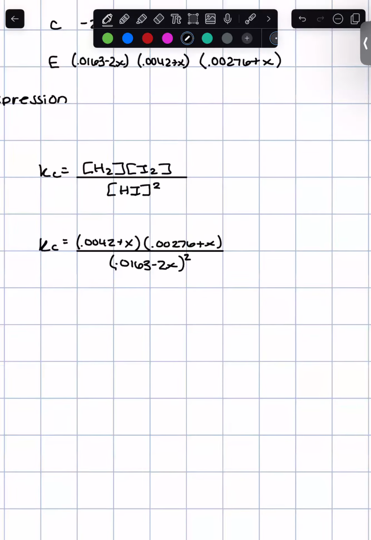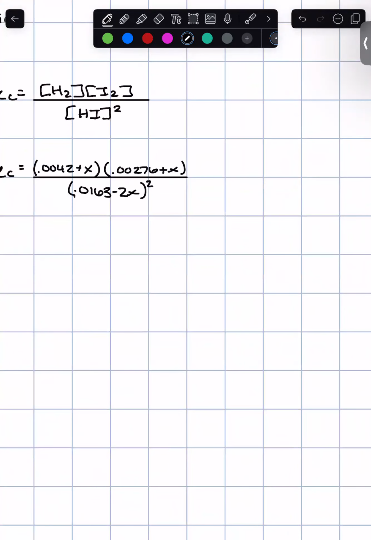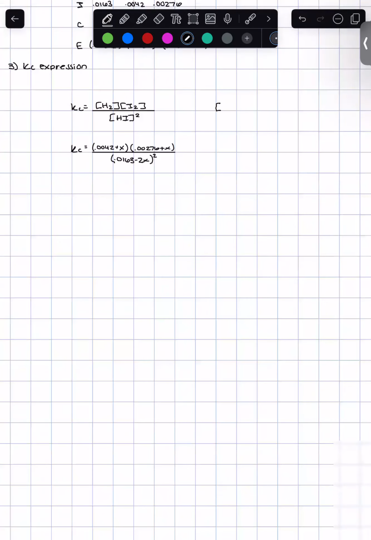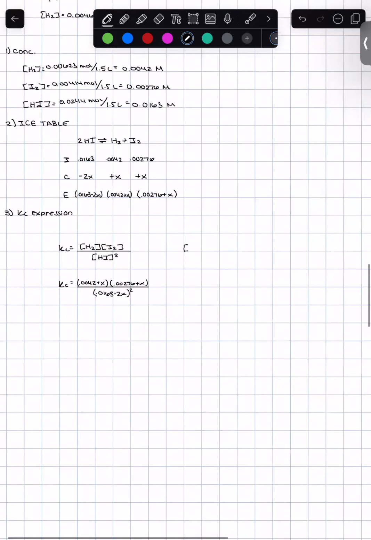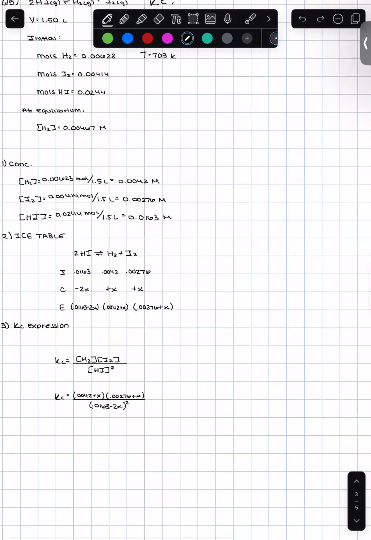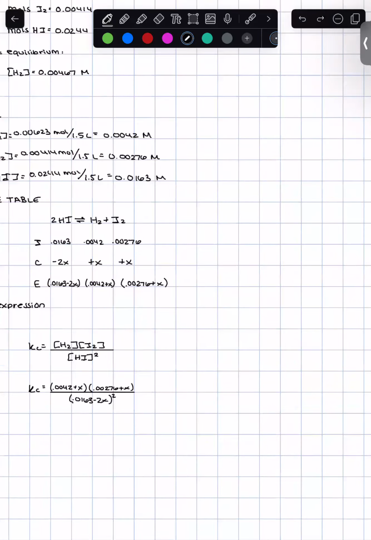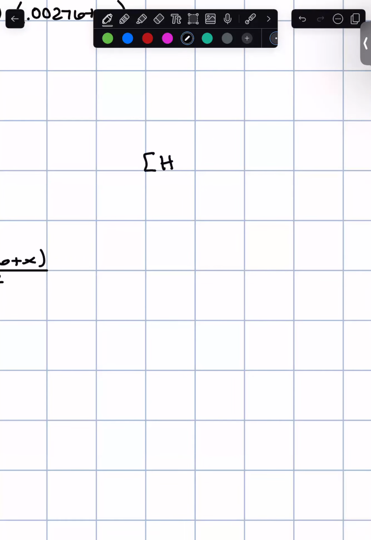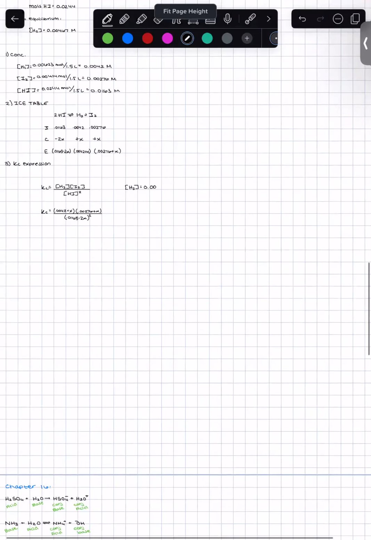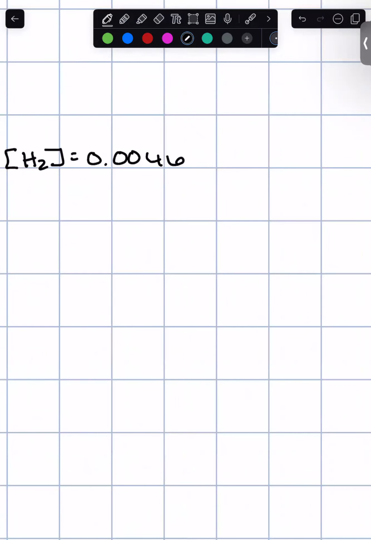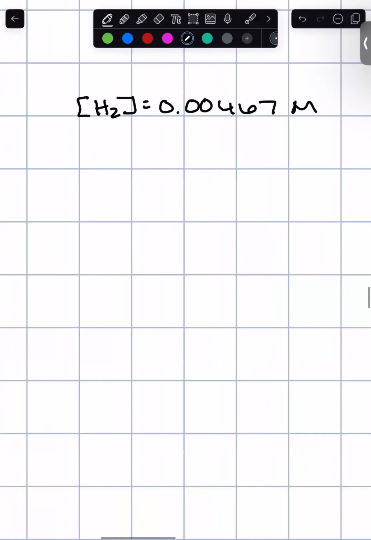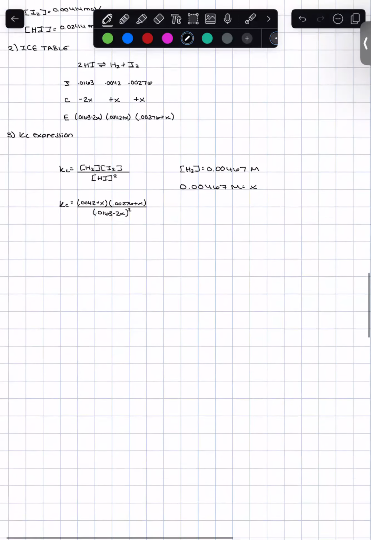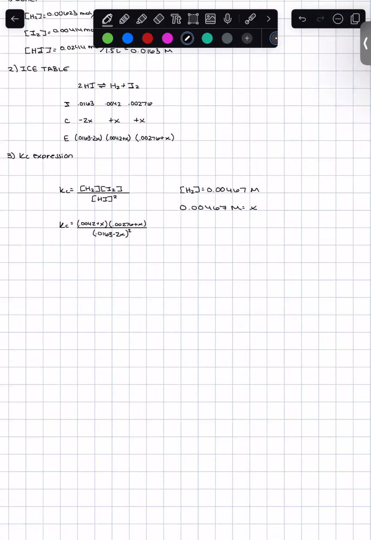Now I know that the concentration of H2 is equal to what they give me, 0.00467. So 0.00467 molar is equal to x plus 0.0042.